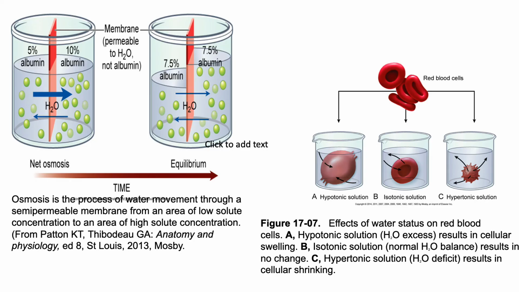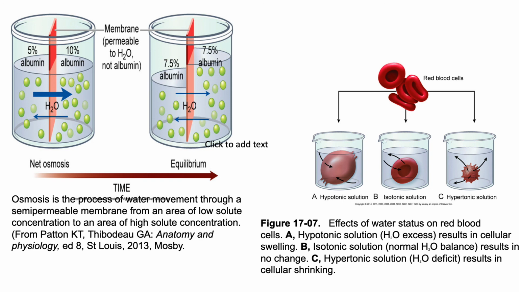It's important to review osmosis. Osmosis is the movement of water through a semi-permeable membrane. Remember that water is going to move from the area of low solute concentration to the area of higher solute concentration.